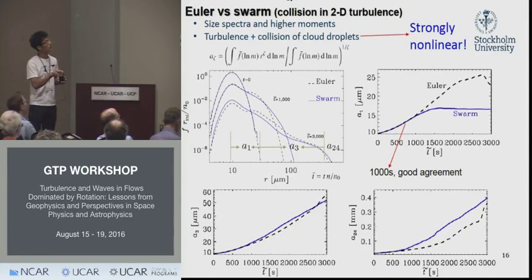And we see that the mean radius is not a very good quantity to quantify the growth of the particles, because in clouds we always have a wide distribution of size spectra instead of mean-sized particles. But these high moments have very good agreement between the swarm model and this Eulerian model.